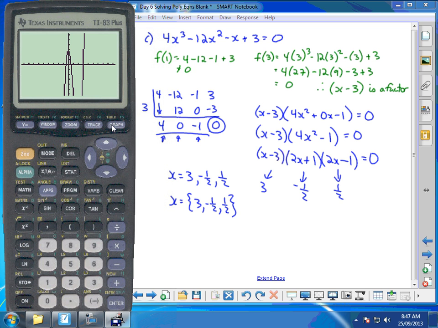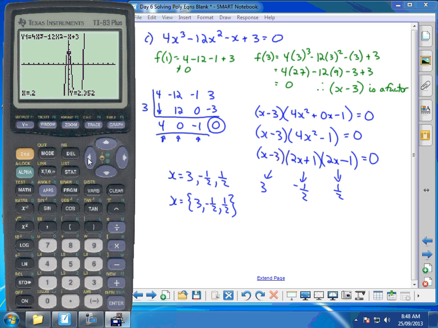And luckily we can see most of the answers right there. If we push trace, we should be able to see at least that 0 right there. So there's one of the answers, 3, and you see the y is 0, so that's one of the zeros. The other two are supposed to be a half according to our math.